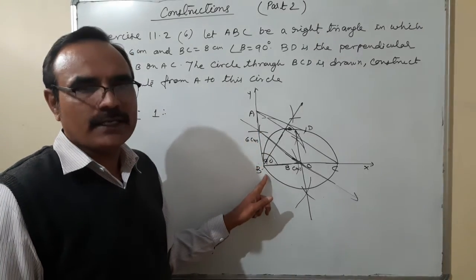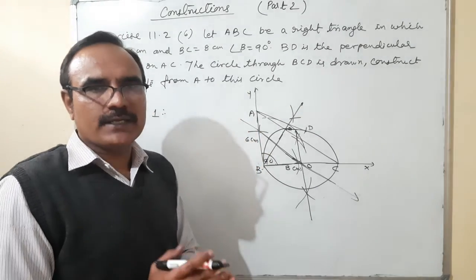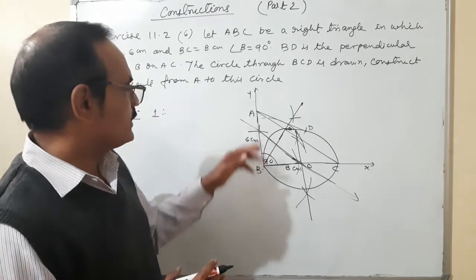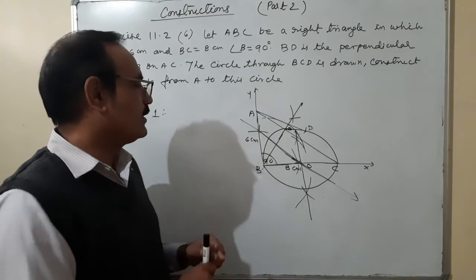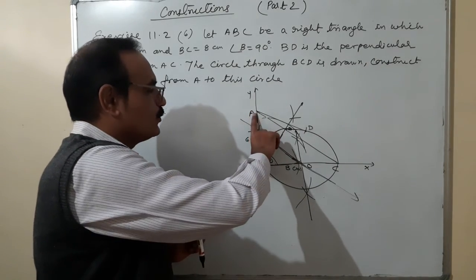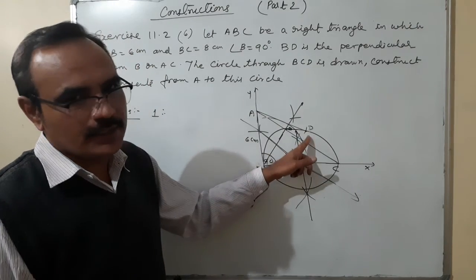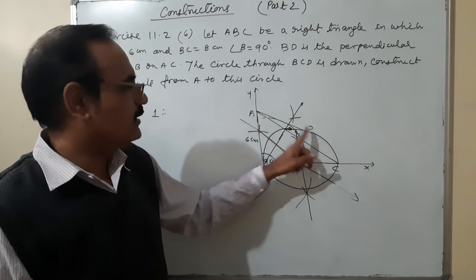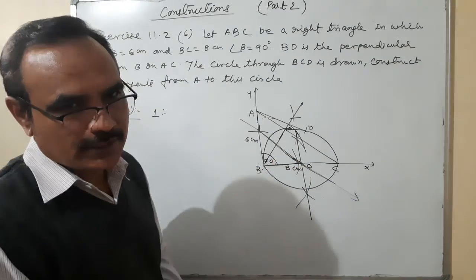Therefore, AB will be the tangent. And because the lengths of tangents drawn from an external point to a circle are equal, that means the second tangent which we are going to draw must be equal to AB. So taking a distance from A to B, draw an arc or cut an arc to the circle at point D, join A to D. AD and AB are two equal tangents of the circle.